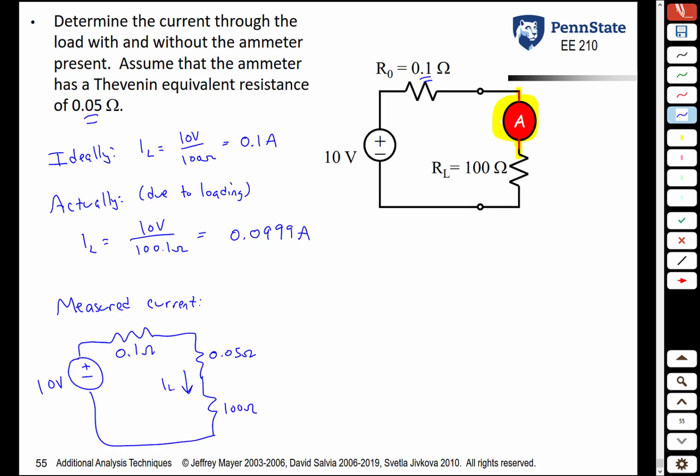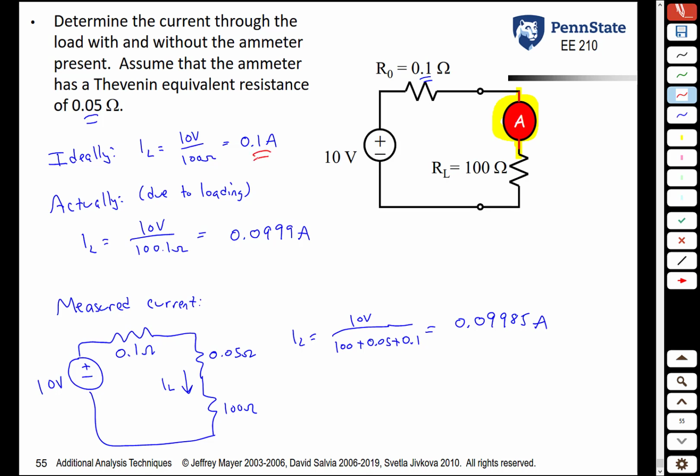So IL measured is going to be 10 volts divided by 100 plus 0.05 plus 0.1, or 0.09985 amps.